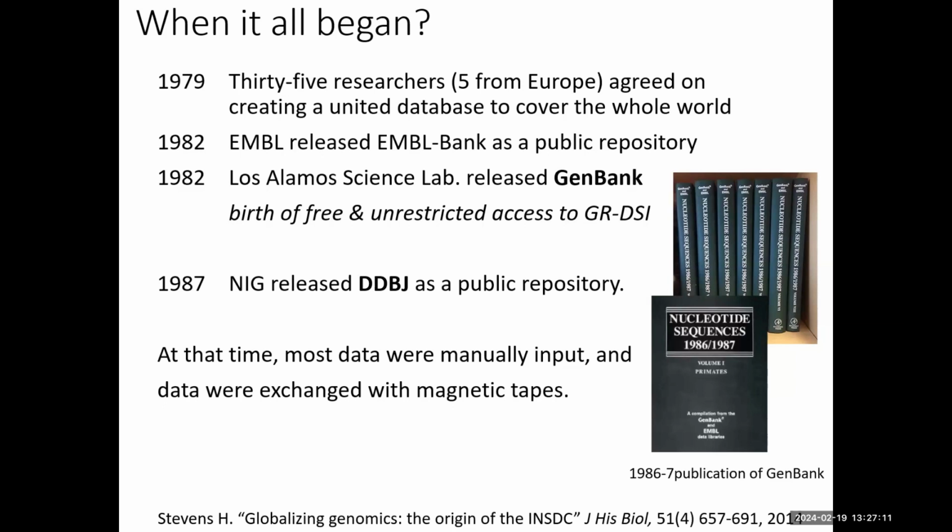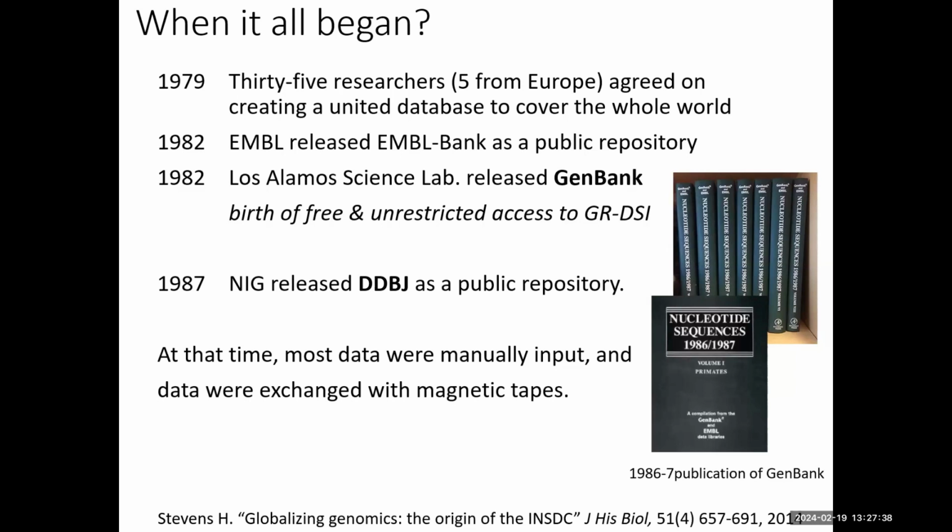But soon after, curators or researchers working on these databases realized that more workload was needed because there were journals published not only in Europe or in the United States, but many papers were published in Japan or in the Asian region.